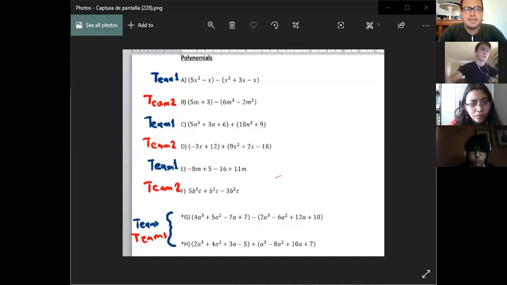I think it's enough time. Probably what you should do is one member solves the A, other members solve the C, and so on, okay? That way you just complete it.